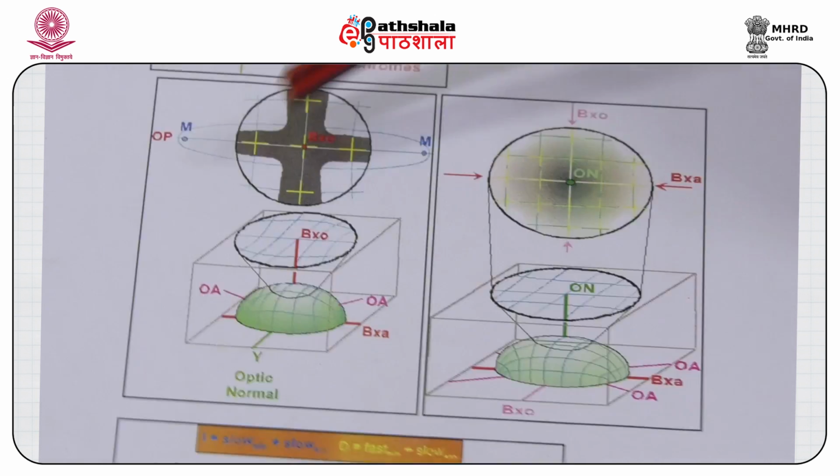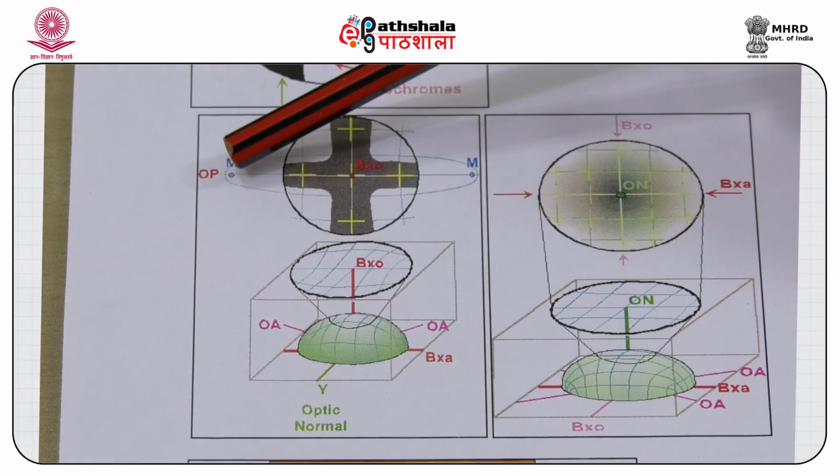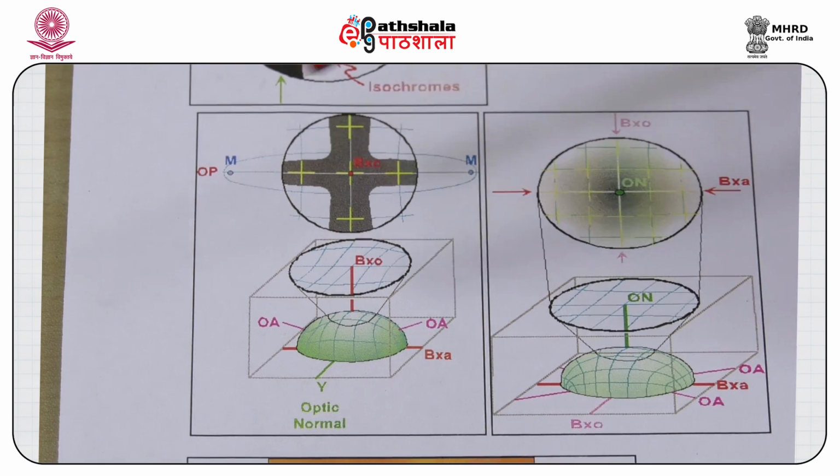As you can see here, the melatopes are outside the field of view. The pattern of isochromes and geometry of vibration directions are essentially the same as that of the acute bisectrix figure, except in this case the melatopes are well outside the field of view.